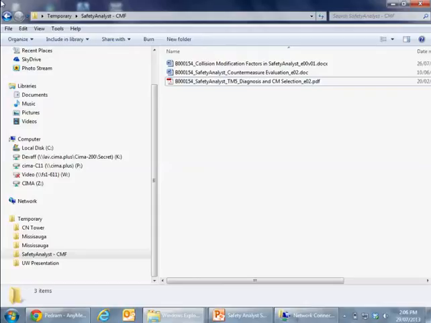So the benefit is calculated by X PDO plus, so it's called EPDO, or equivalent property damage only, for each of these severity levels.